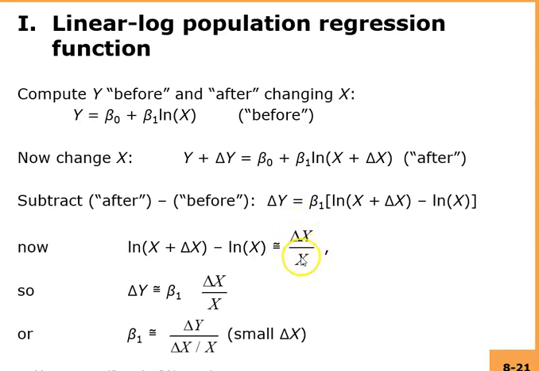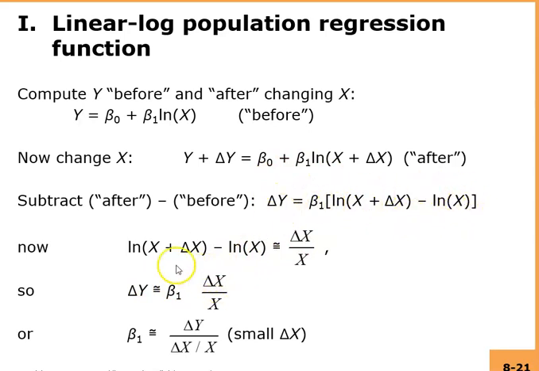So this means that we can substitute this identity by change in x over x. Then change in y ultimately depends on beta 1 multiplied by change in x over x. This becomes way easier to interpret than if you write it like this.